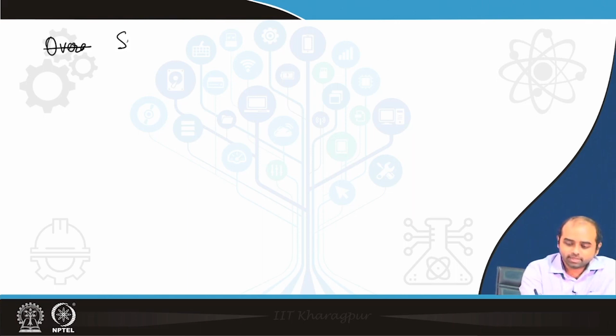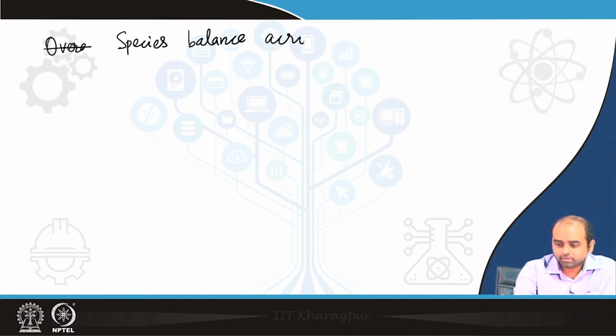Now, let us try to make an overall mass balance over this elemental section of delta Z, or the species balance across delta Z. So, what we get, we are only considering axial fluxes.